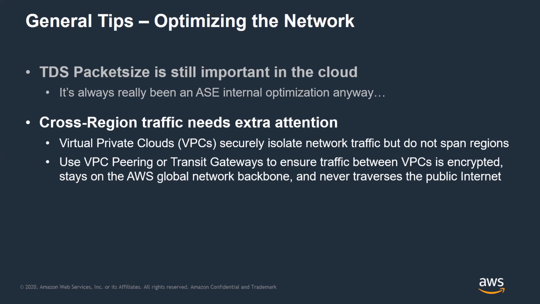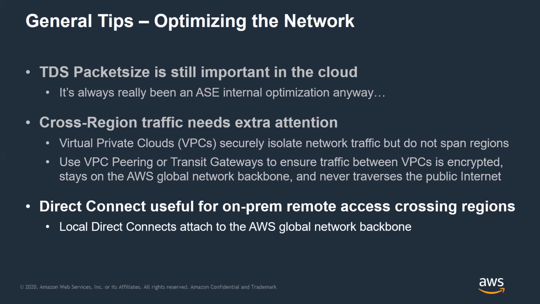So it's super important to pay attention to that. And then we have this Direct Connect technology to basically allow you to go directly into the AWS backbone, right? So data never touches the public internet.